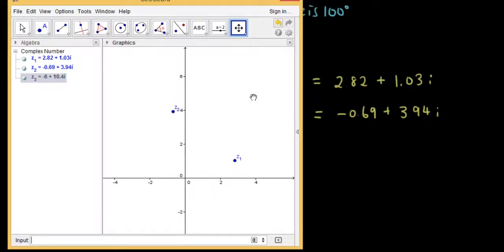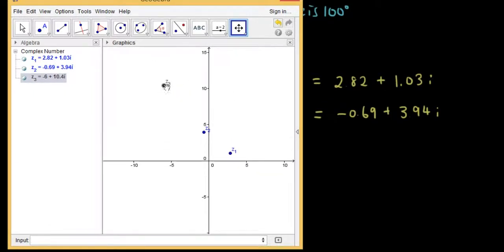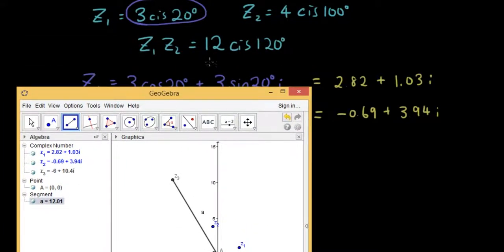So I have Z3, which is over here, and I'm gonna draw a line from the origin to Z3, and I want to see what the length of this line is, and it tells me that the length is 12.01, which is very close to 12.